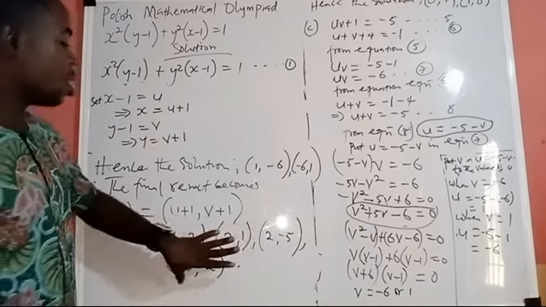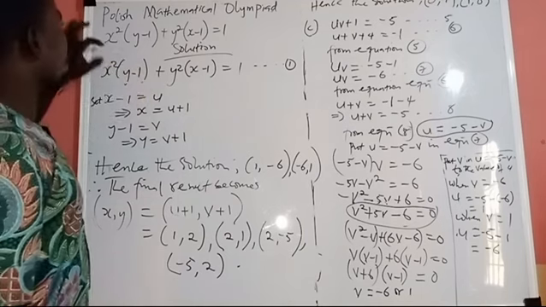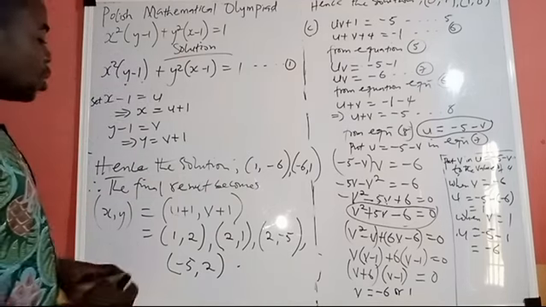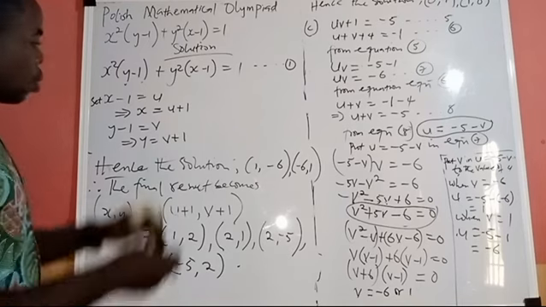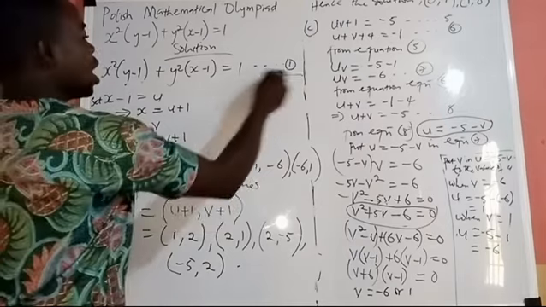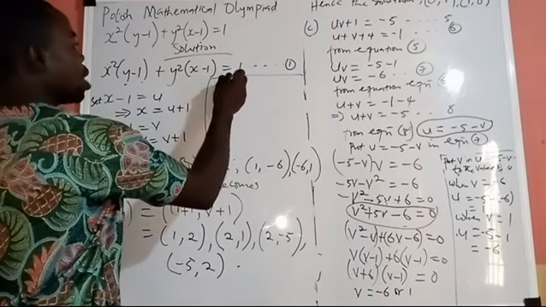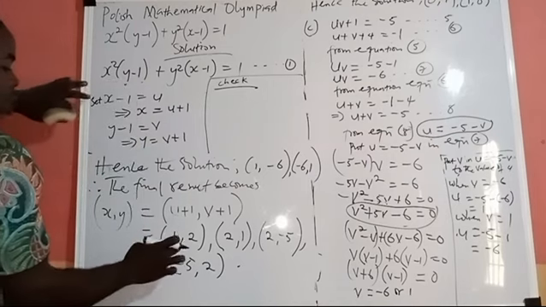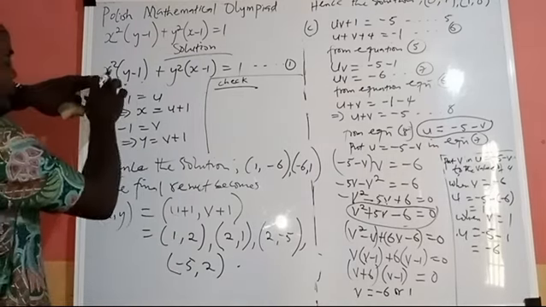You can use any of these solutions to put in this expression right here, and you can actually see that it's satisfied. So let me just pick one and then confirm that it's satisfied. You can go ahead and confirm the other ones. So we are checking on this little box right here. Let's just pick the first one for our x, 1.